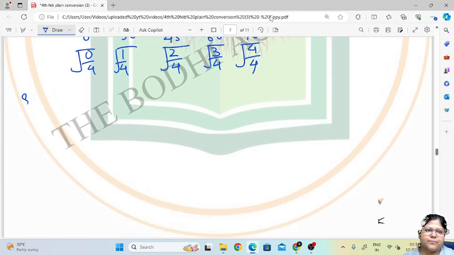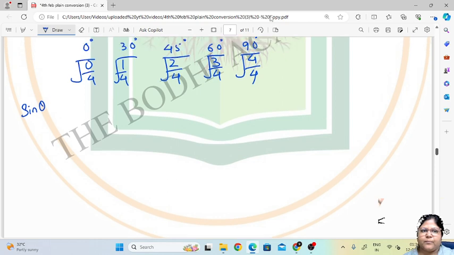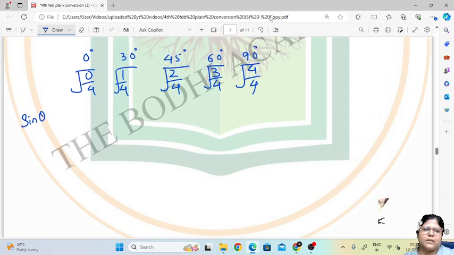Sine theta: 0 upon 4 is 0 only. 1 upon 4 is 1 upon 2. 2 upon 4 is 1 upon 2, so 1 upon root 2. Root 3 upon 2, and here is 1. Then cos theta, you just have to bring it from behind.